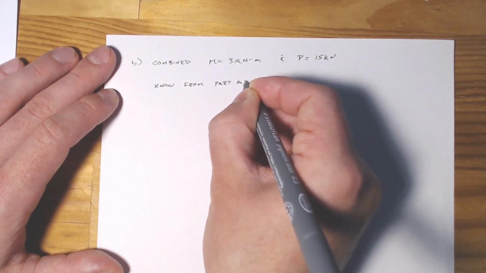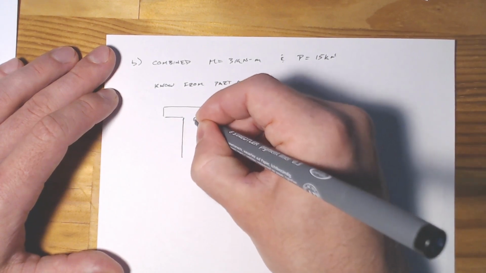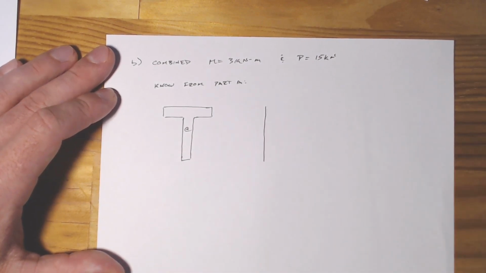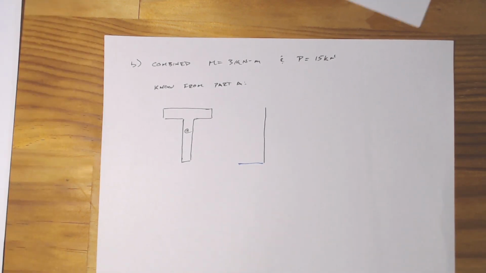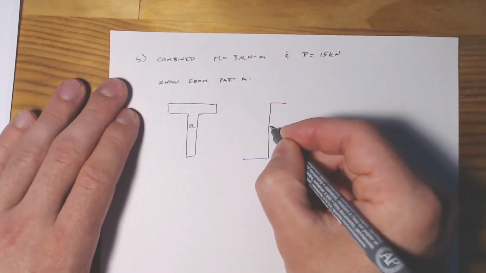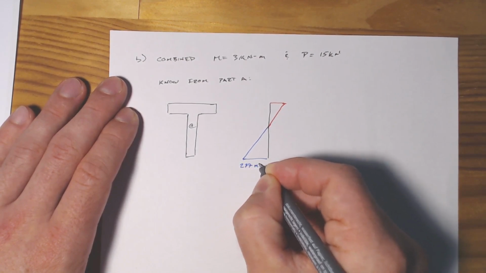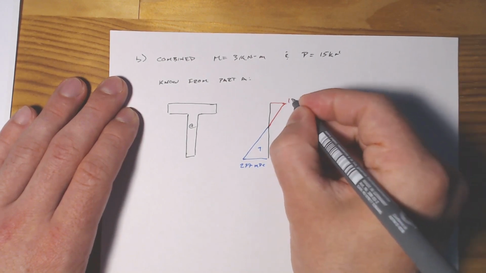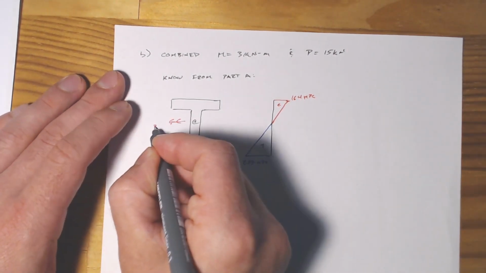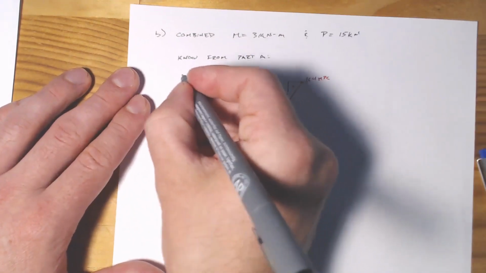So if we know from part A that our stress distribution for bending was 277 on the bottom, and 164 on the top in compression, with a neutral axis at 44 millimeters, and this is from a 3 kilonewton meter applied moment, so this is the bending portion.